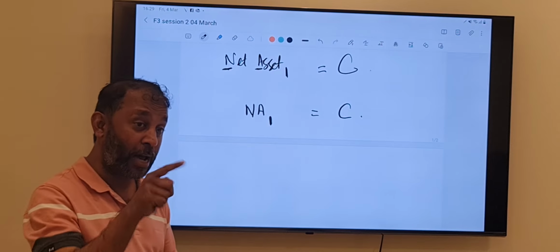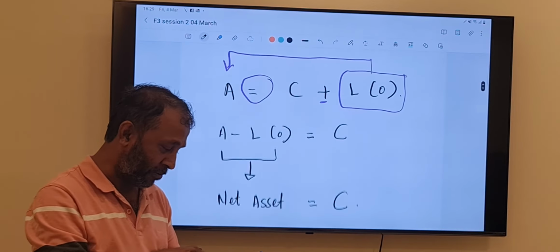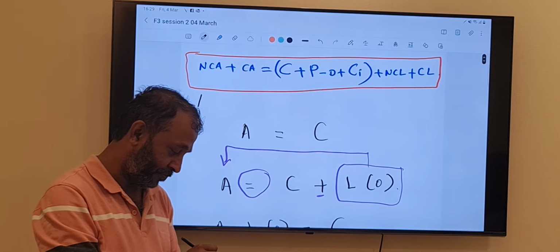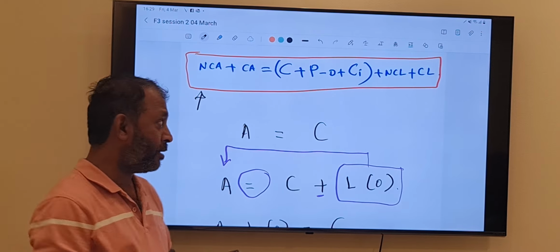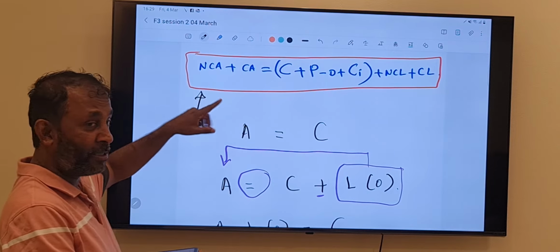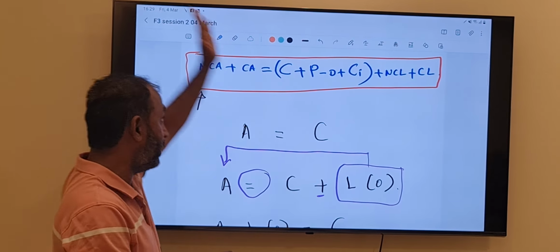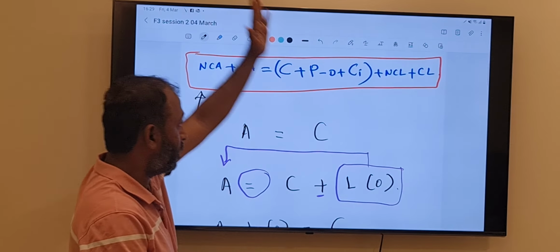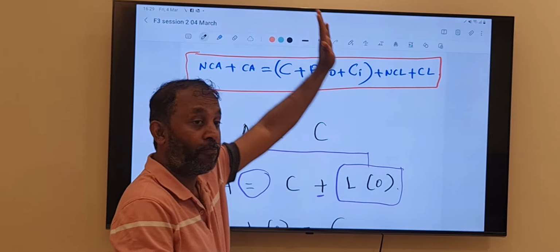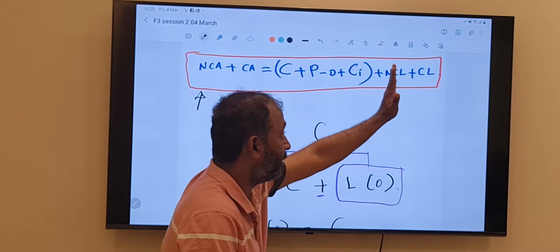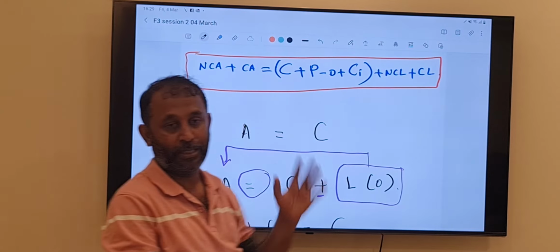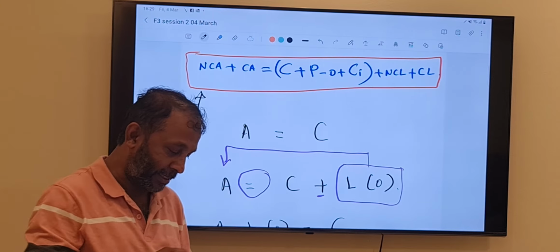Now we go to the last equation. What is my last equation? This is my last equation, right? After this, there is no more equation. Non-current asset plus current asset is equal to capital plus profits minus drawings plus capital introduced plus non-current liability plus current liability. Now I will write that down here again.